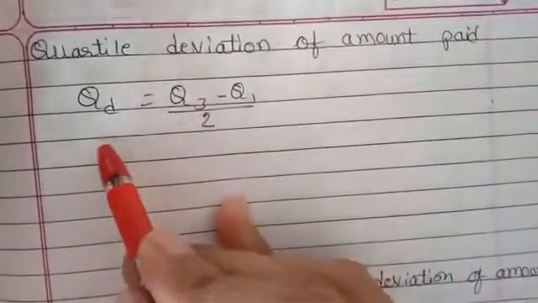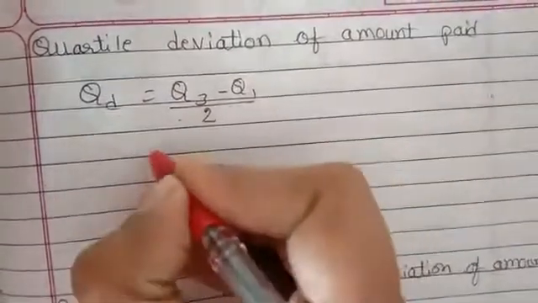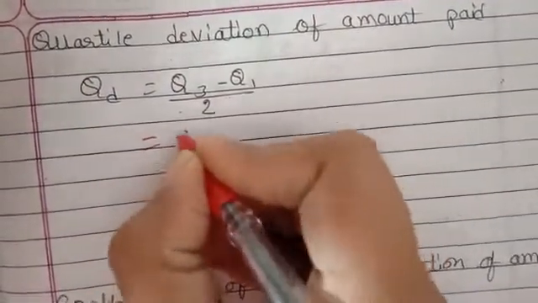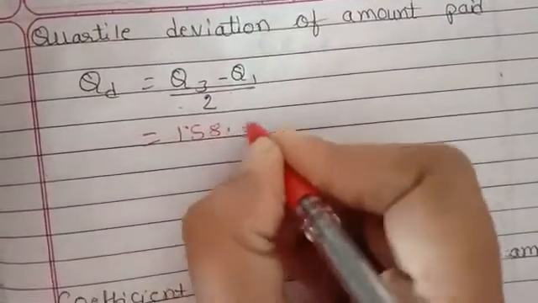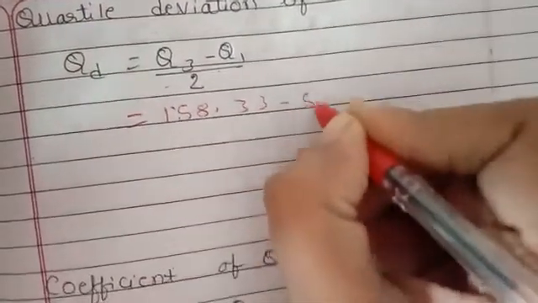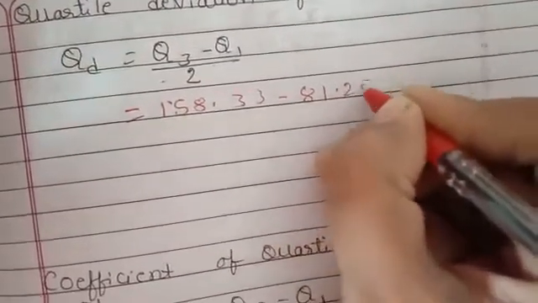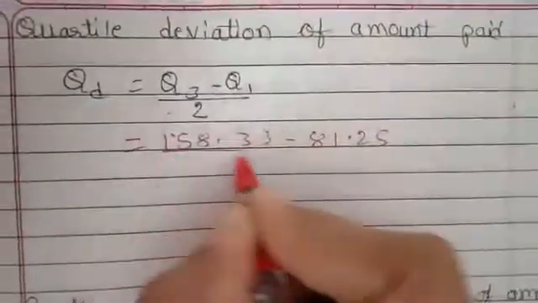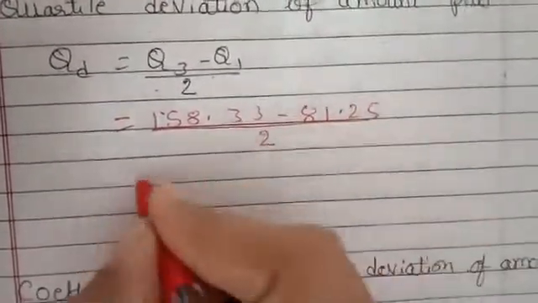Now we have got our Q1 and Q3. We will find the quartile deviation. So the quartile deviation of the amount paid, the QD formula is Q3 minus Q1 upon 2. What is your Q3? 158.33 minus 81.25, divided by 2.